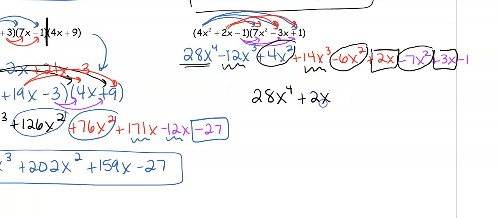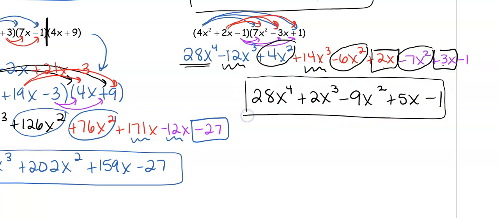That gives us a positive 2x cubed. 4 minus 6, that's negative 2, minus 7, that's a negative 9x squared. We have 2 and 3 to get 5x, and then our constant of negative 1. All right, so see, that wasn't as bad. There are our polynomial operations.